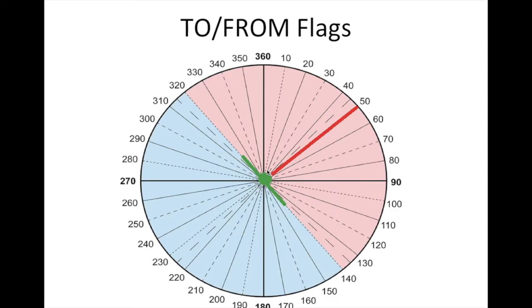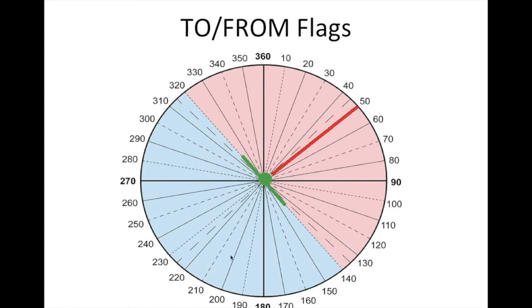And as I'm rotating the selector, I find the needle is centered on the 200, but I'm getting a to indication, not a from. Why? Well, we talked about this before.